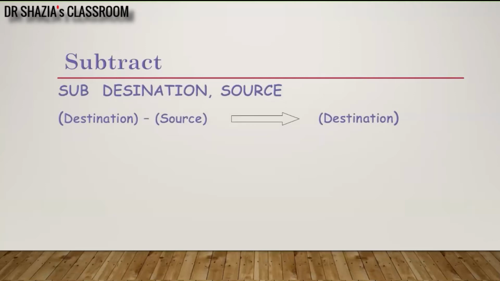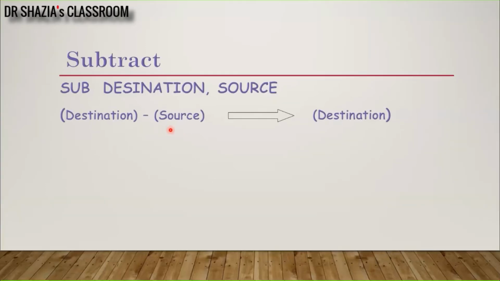So, if you have written SUB AX, BX, then it will subtract the content of the BX register from the content of the AX register and store the result in the AX register.